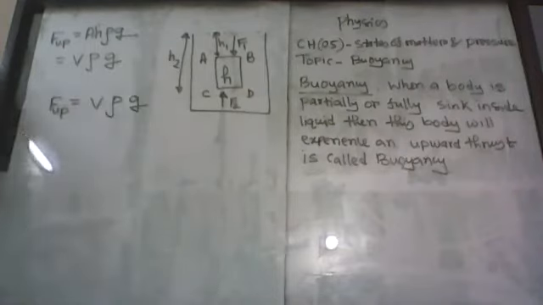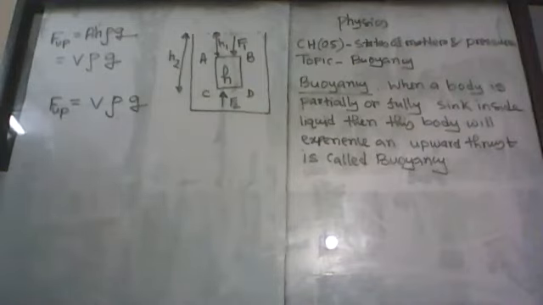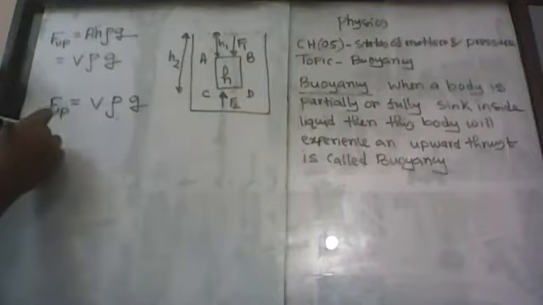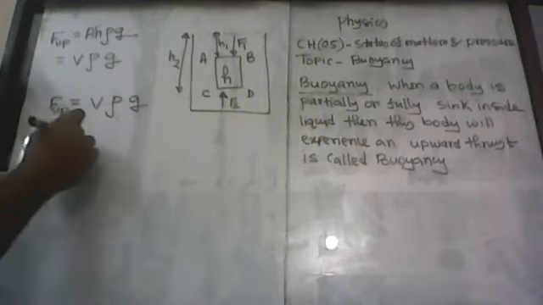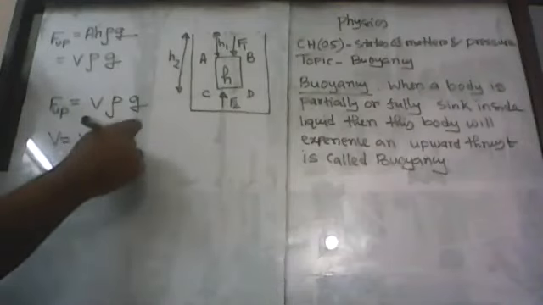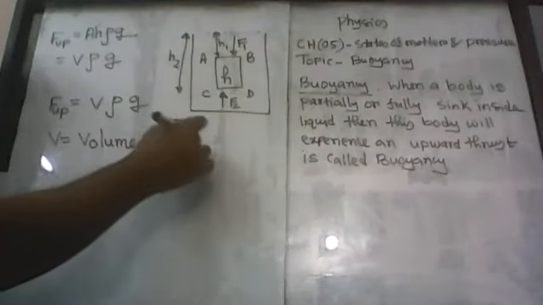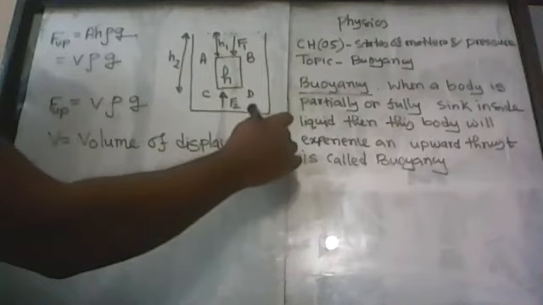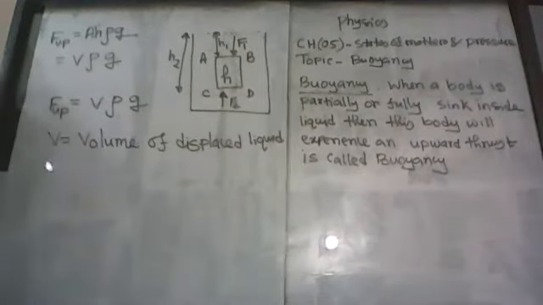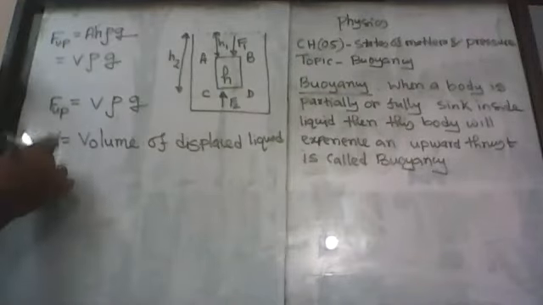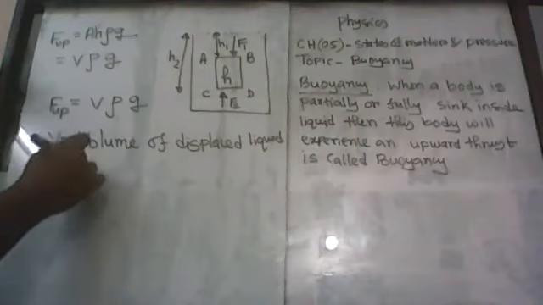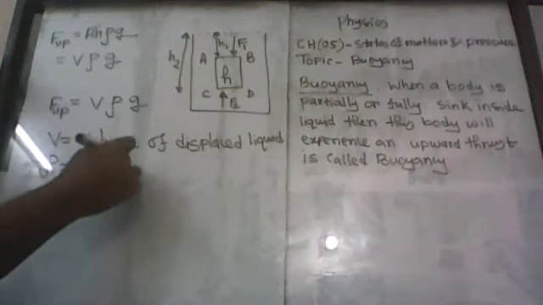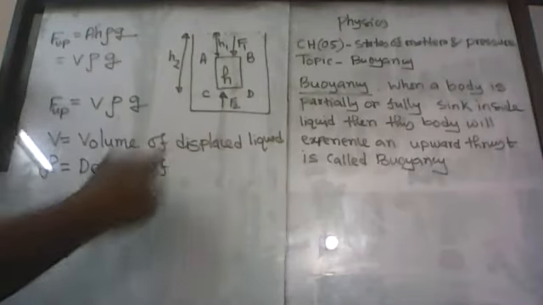Now, you just want to know very clearly what these three terms indicate. Here, V is nothing but the volume of displaced liquid. Rho equals the density of liquid.